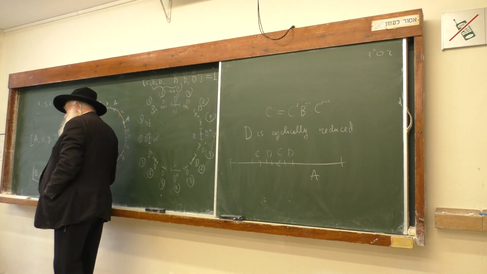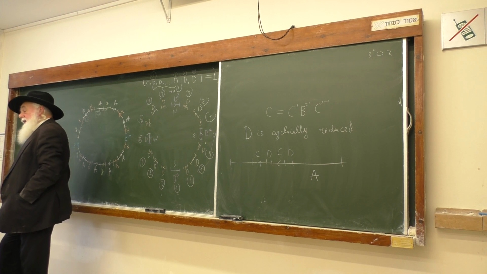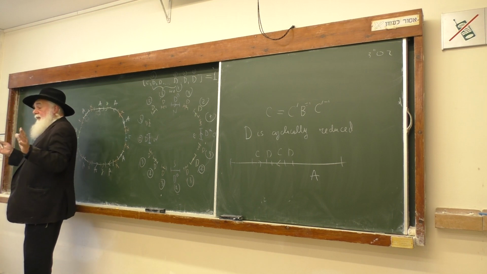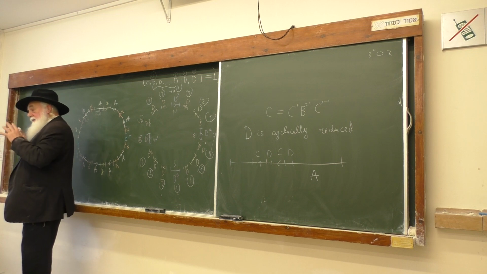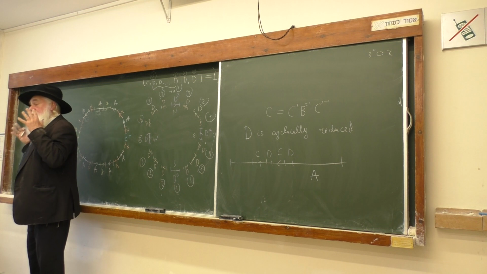This is a kind of Greenberg lemma: every word that is equal to 1 in this group must have a number of pieces. One can make it precise, but we actually don't need the full strength of the Greenberg lemma.